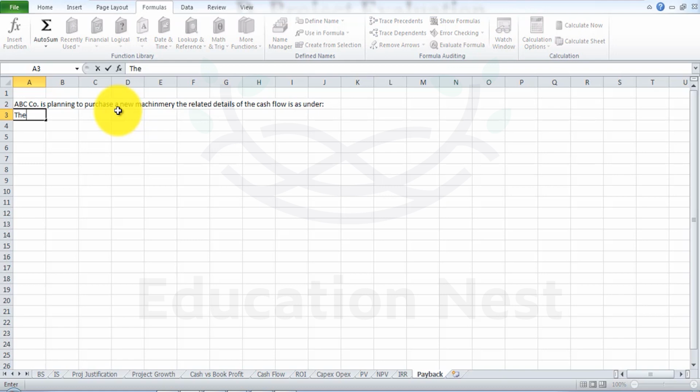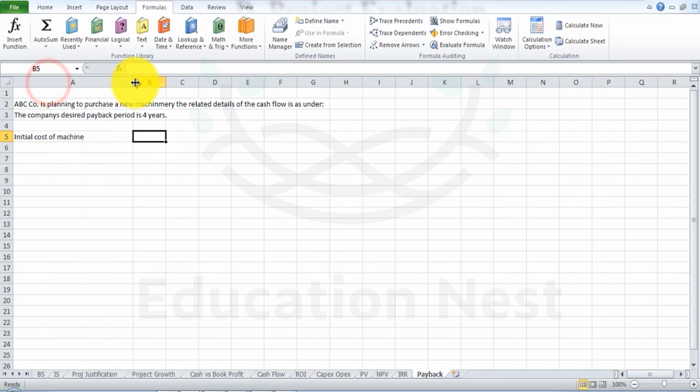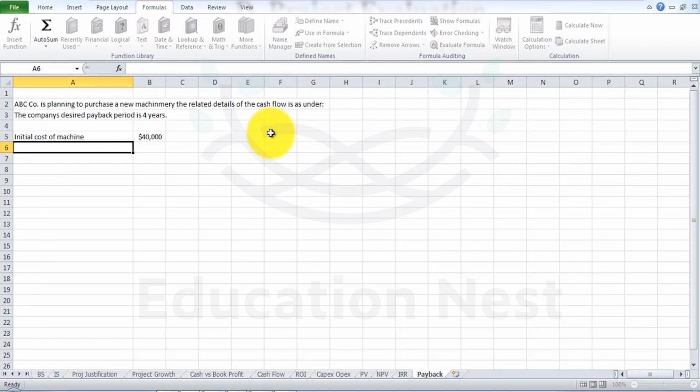The company's desired payback period is 4 years. The initial cost of the machine, let's say, is somewhere around $40,000.